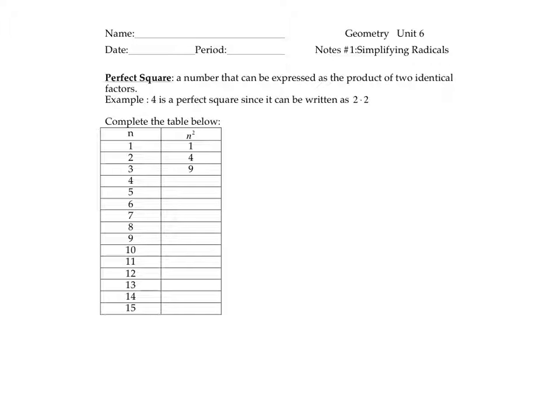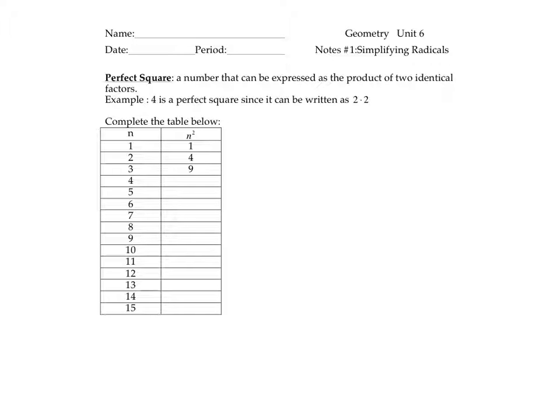For example, 4 is a perfect square since it can be written as 2 times 2. So in the table below, we're actually going to make a table of perfect squares that you want to keep handy to use as a reference as we go through this lesson.